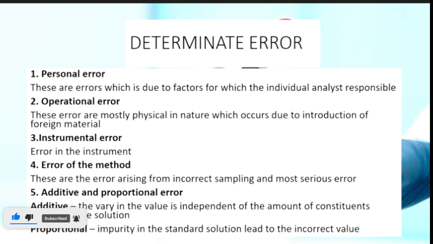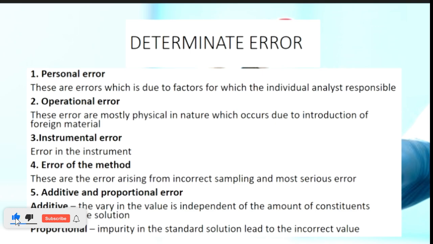The next one is operational error. Operational error is due to the physical environment. Due to our environmental conditions there may be error, like the sample being unknown or not representative, or introducing foreign materials due to the environment. Next is instrumental error.